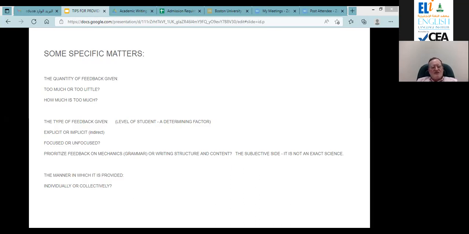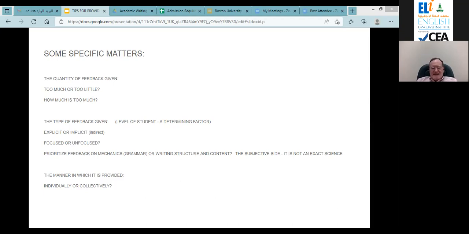Even though there is a rubric, nonetheless there is this element of subjectivity. Some teachers, grammar mistakes make them see red, and they make them use red, and then grade students accordingly.